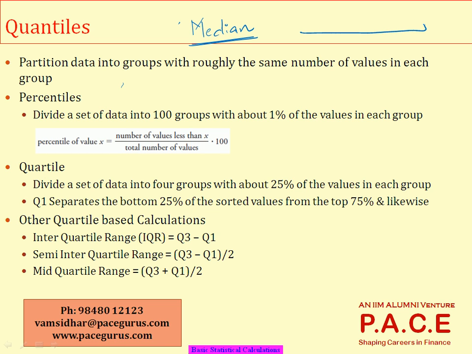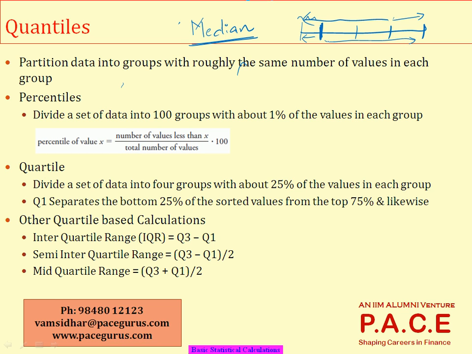But if the entire data has to be partitioned into four equal parts, where 25% of the data lies in each part, what is the value which divides the total numbers into 25% towards the left and 75% towards the right, or 75% towards the left and 25% towards the right?